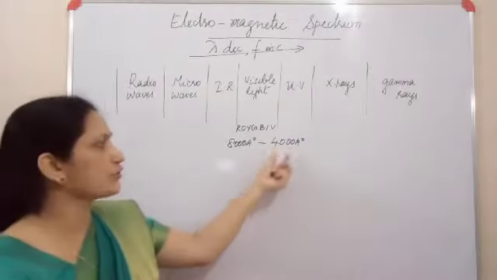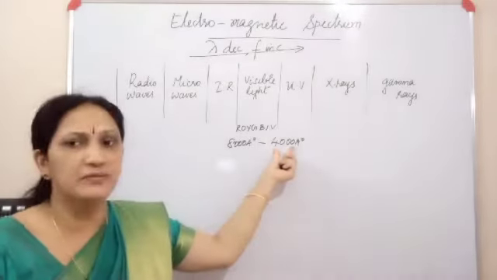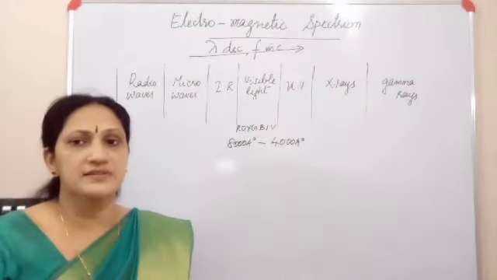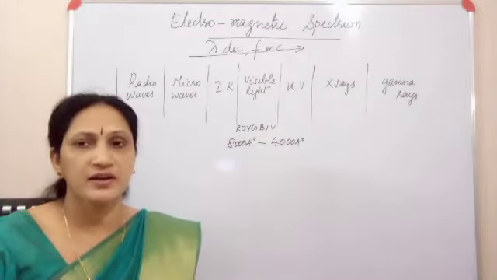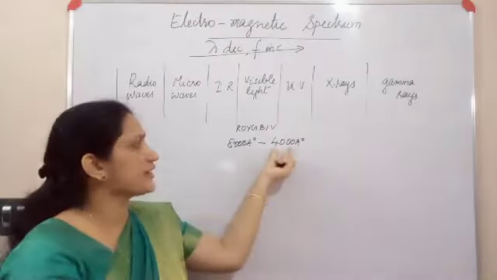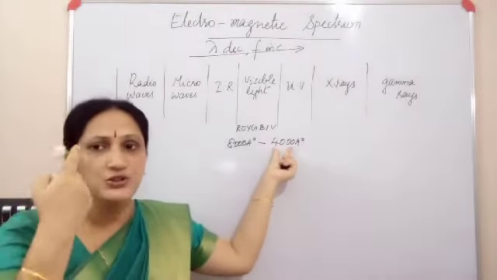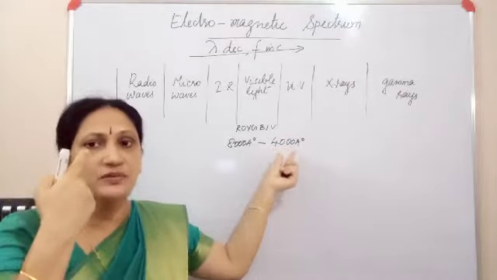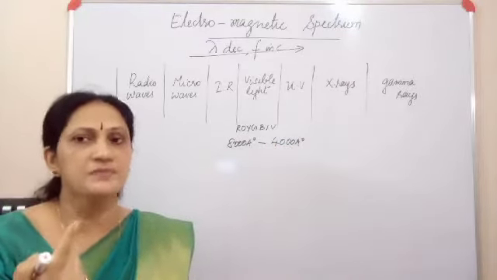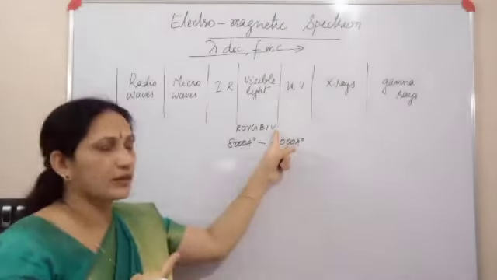The colors close to 4000 angstrom wavelength belong to the violet category. They give us a sensation of violet light. I mean, if an electromagnetic wave of 4000 angstrom enters the human retina, you will see the object it comes from in violet color.